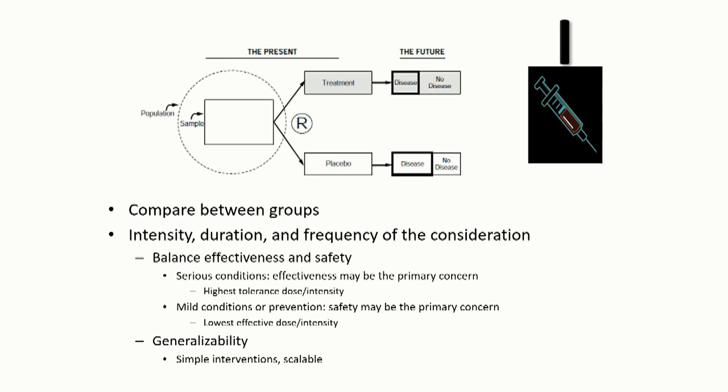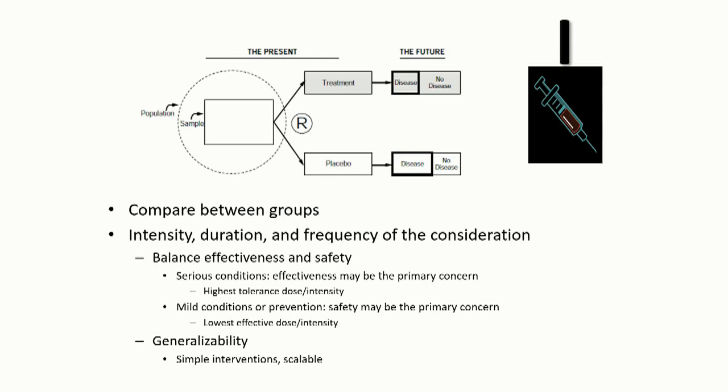There are general guidelines saying that if you want to study a very serious condition, let's say a deadly condition like COVID-19, where if you get the disease, the chance to have morbidity and mortality is increasingly high, then for the intervention you want to use the highest dose possible to see the effects, because effectiveness is the primary concern.